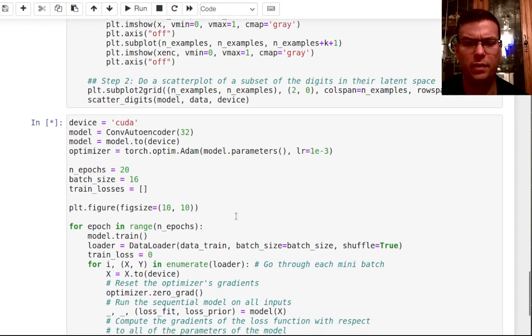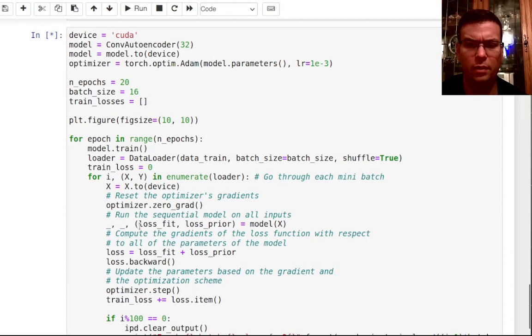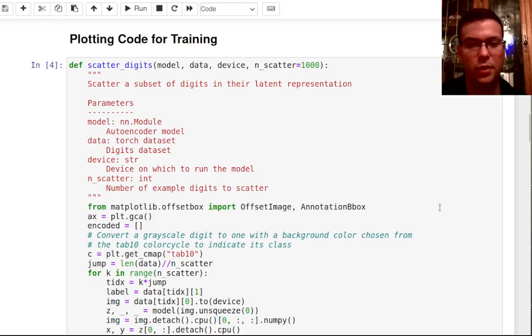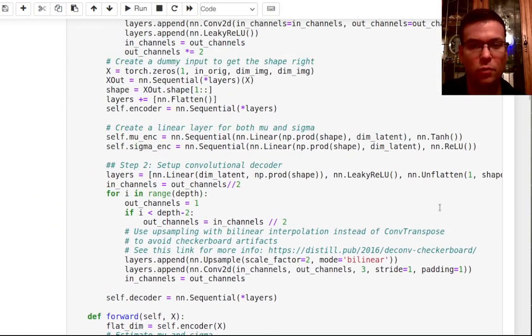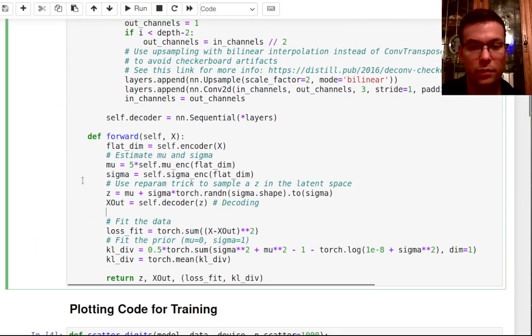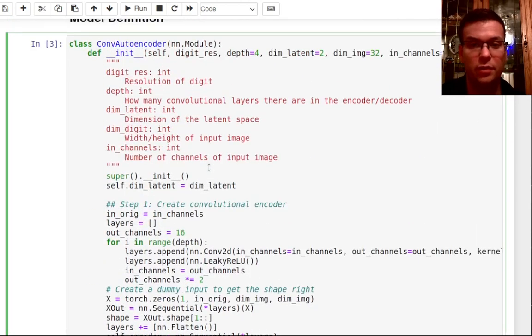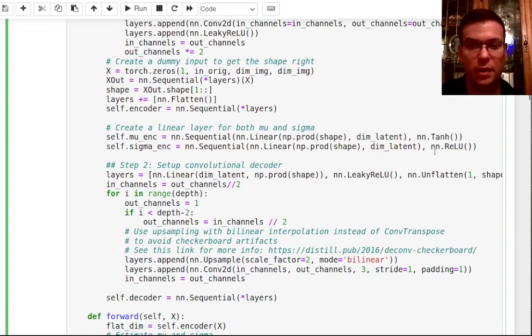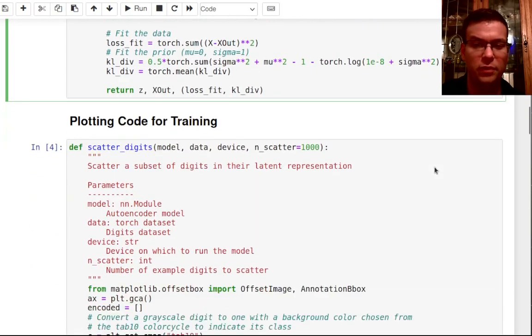Now give me a second. I'm going to edit this, and I'm going to save away the loss fit and the loss prior, and we're going to experiment with this a little bit. Okay, so I went ahead and made a few little changes here. One thing I decided to do was to multiply the mean by 5, because the hyperbolic tangent has a range between -1 and 1, but I want to give it a little more flexibility to move around, just to prove a point.